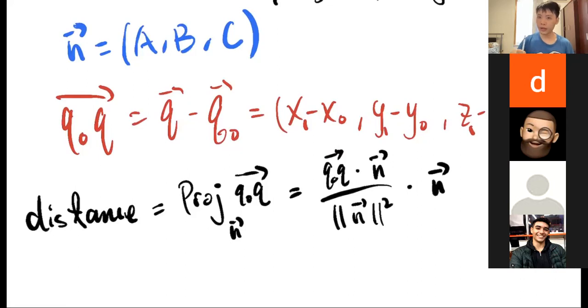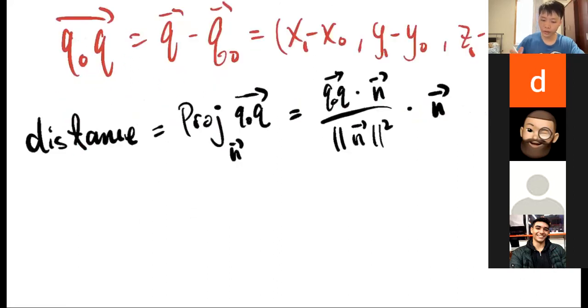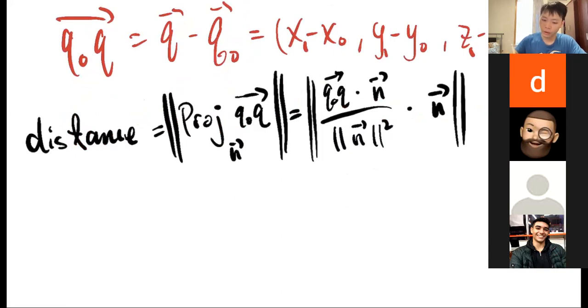This is a distance vector. We just need to compute the norm of this distance vector, so just need to compute the norm of this projection. Well, the norm of this projection is the norm of this vector. Remember, this part is a scalar.